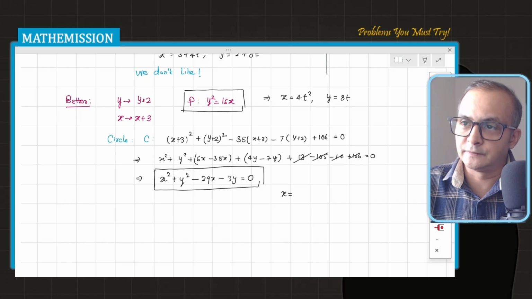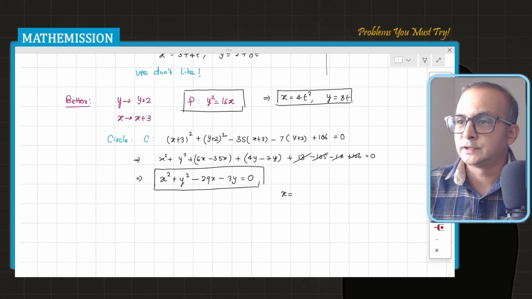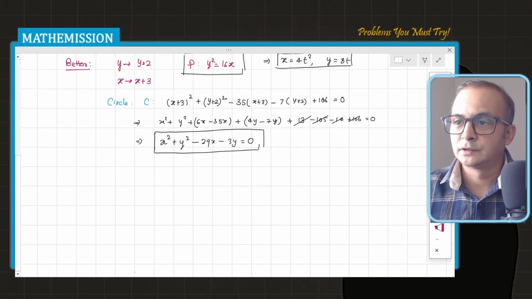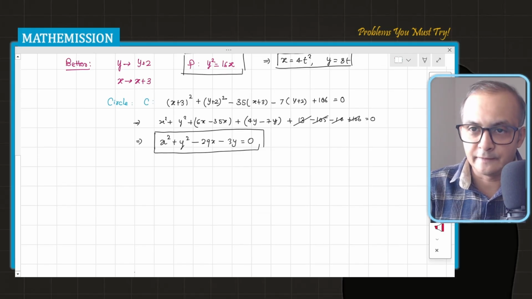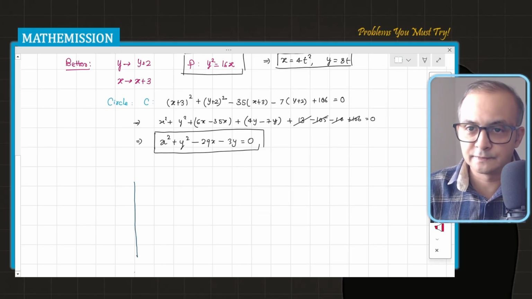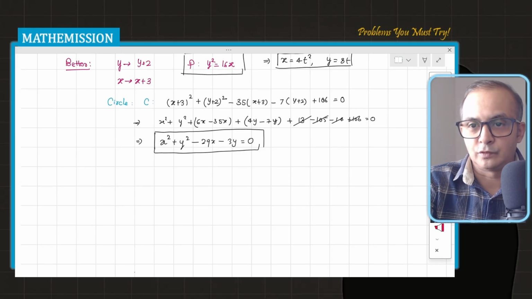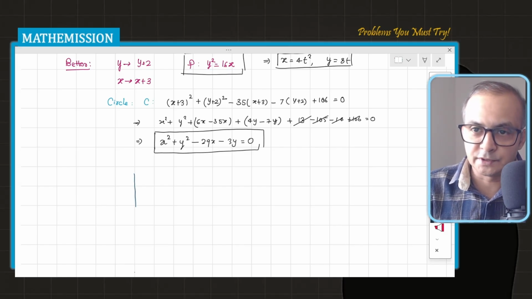So now our plan is very simple. What is the plan? Let's say I have a parabola like this. It is not straight.